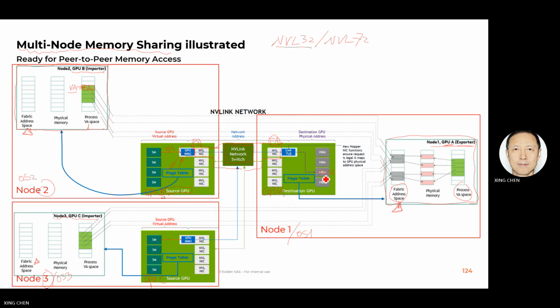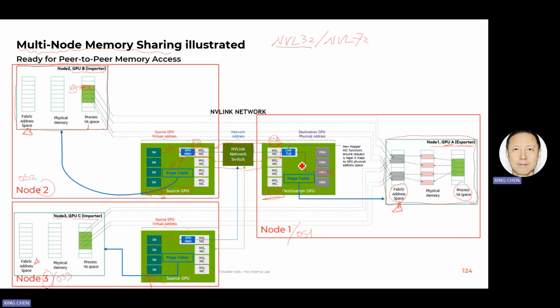Okay. Now the GPU receives this data request from GPU B. This is GPU A. It received the request from GPU B, and within the request, it will find out that there is a fabric address.